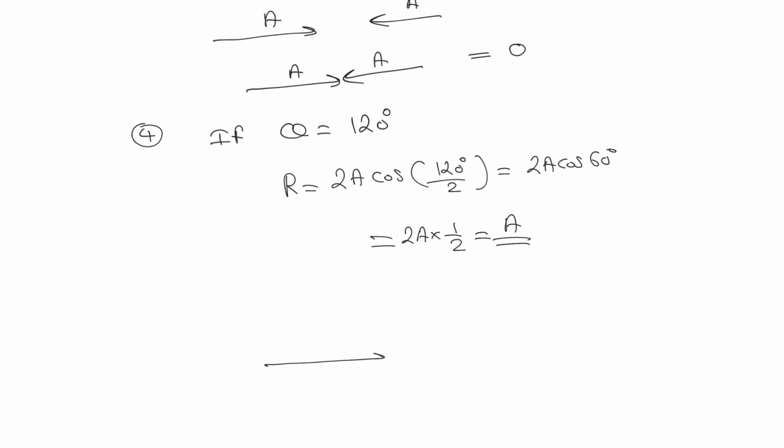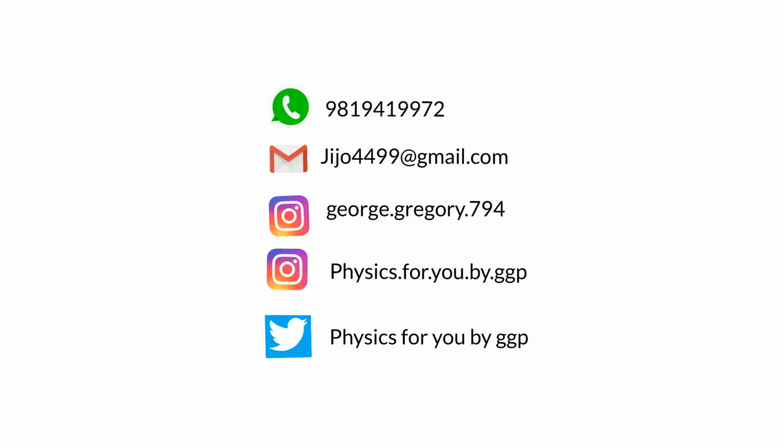That means if you are adding two vectors of the same magnitude at an angle of 120 degrees, the resultant vector will also be equal to a. It's a very, very important relation. You should remember this. Hope you understood what we discussed today.